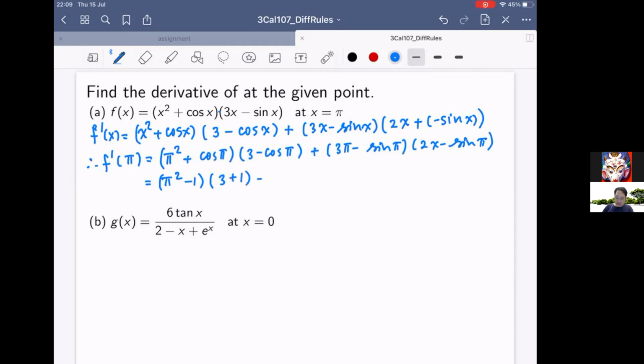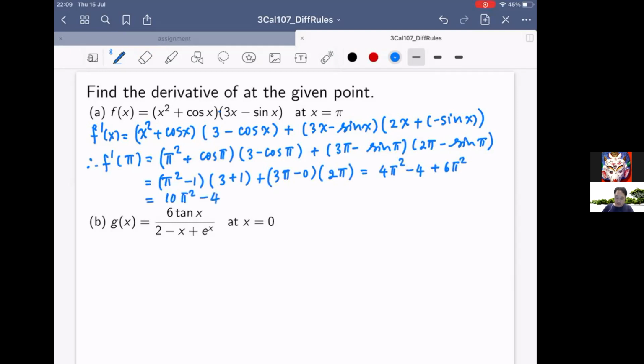And your sine of pi becomes 0. So this one is, oh, I forgot, 2 pi. So this one is also 2 pi. Okay, so here you have what? 4 pi square minus 4, and then 6 pi square. So totally you have 10 pi square minus 4.